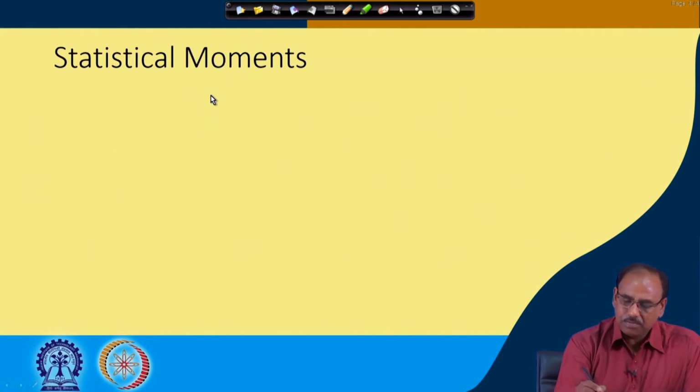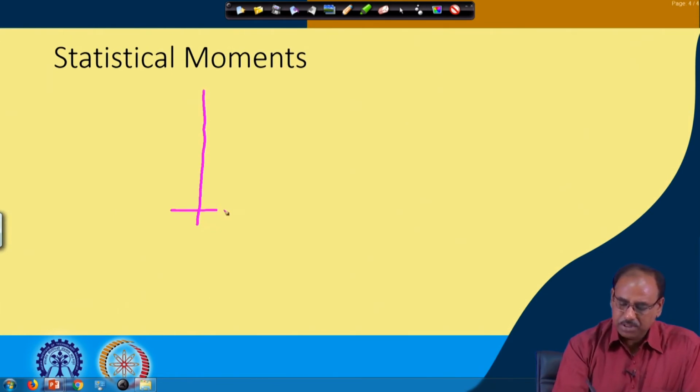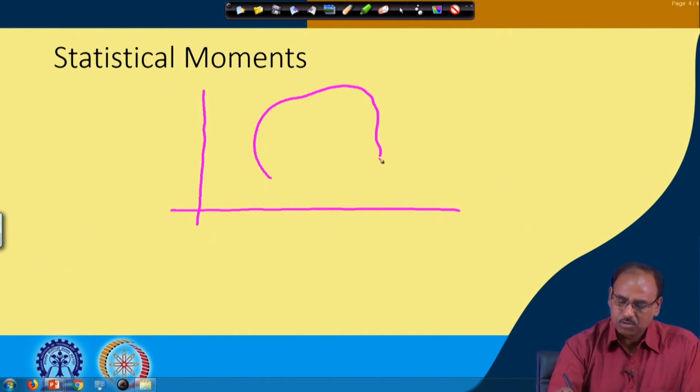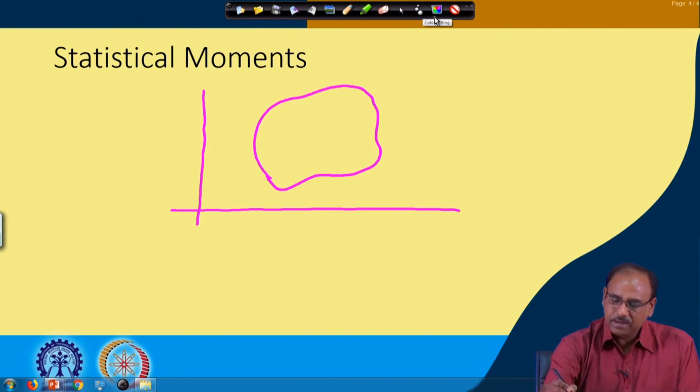So, I assume a two-dimensional space, and suppose I have a closed boundary something like this. As I said before, this boundary consists of a number of discrete points.